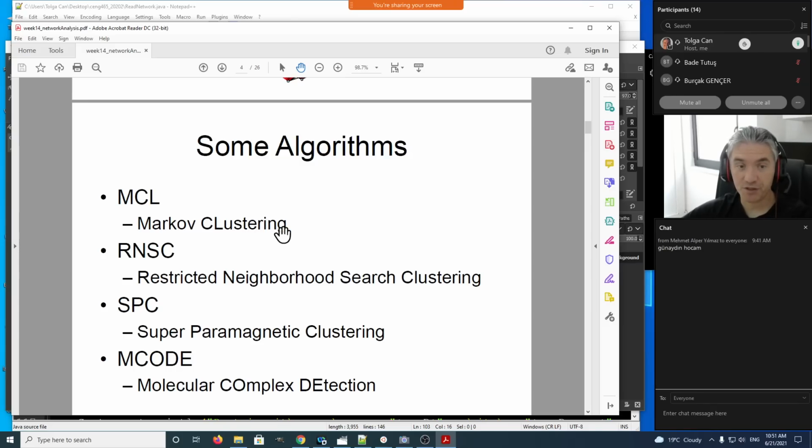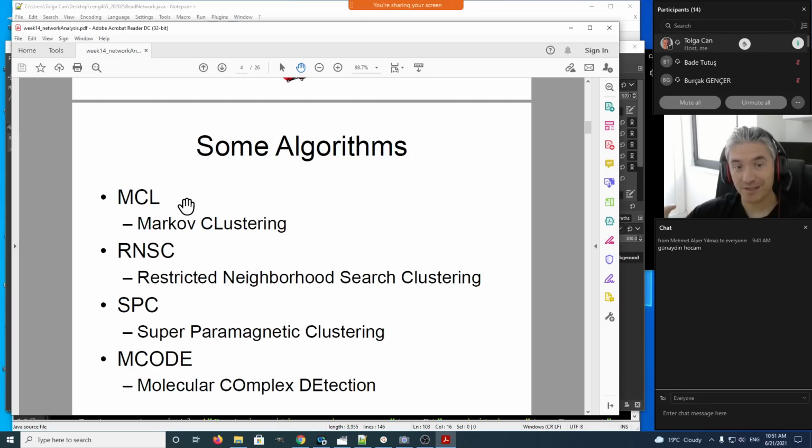One of my favorite algorithms is MCL, Markov clustering. It's very efficient, works fast on very large graphs, and it involves iteratively taking the powers of the adjacency matrix to make connections in dense groups.